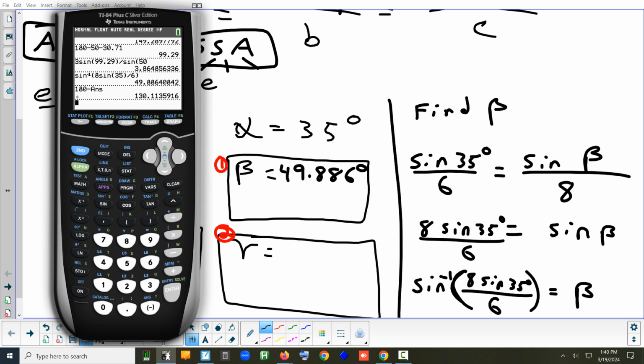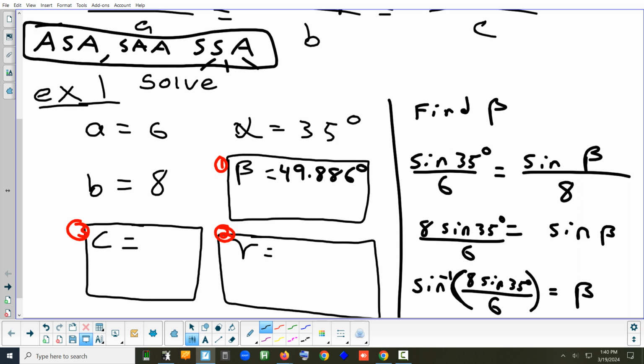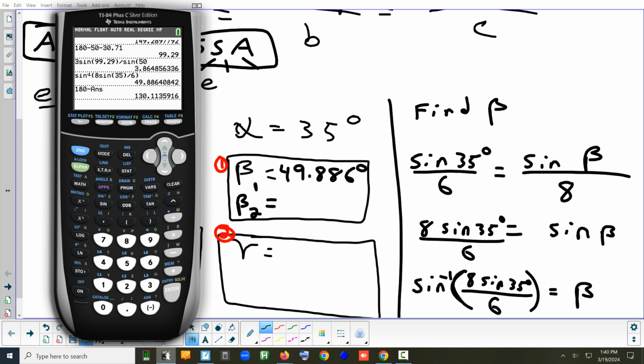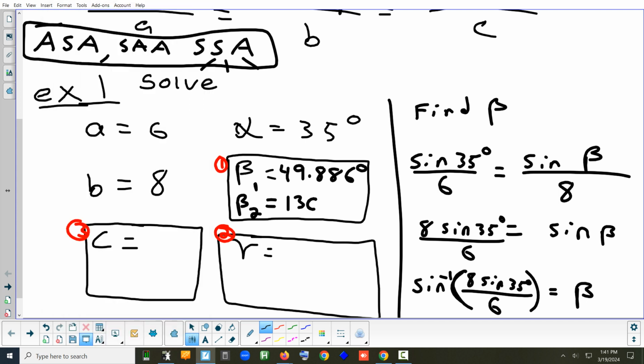So what we're going to do now is call the first one beta 1, and we'll call the second one beta 2, 130.113. Actually, no, 114. Now, for the rest of this, we are doing two problems at the same time.